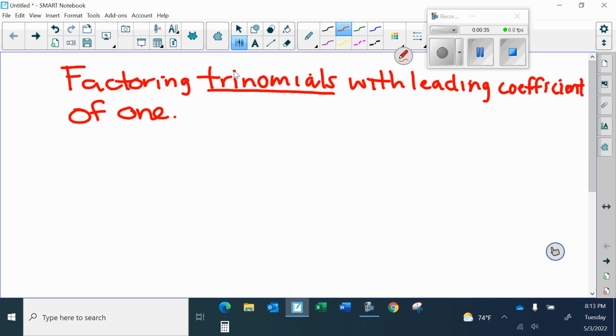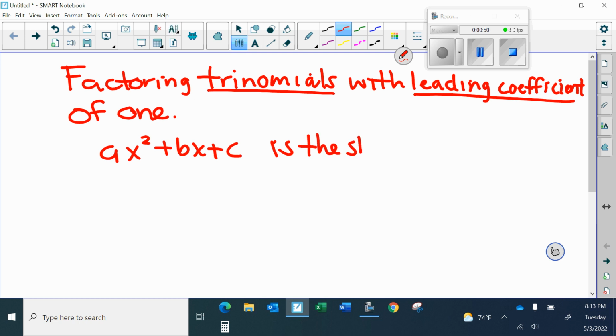Okay, leading coefficient. Well, in order to be a leading coefficient, we have to put it in standard form. Ax squared plus bx plus c is the standard form of a quadratic.